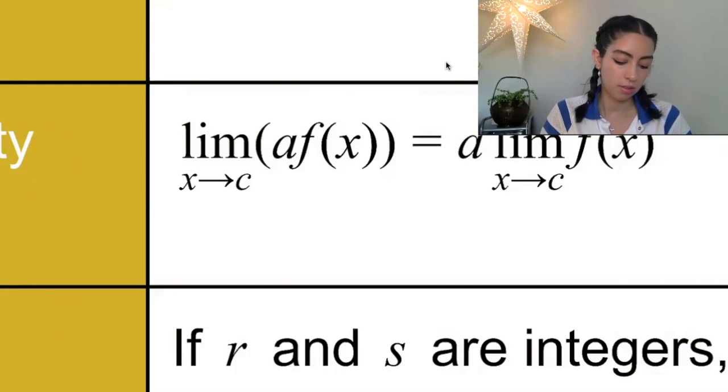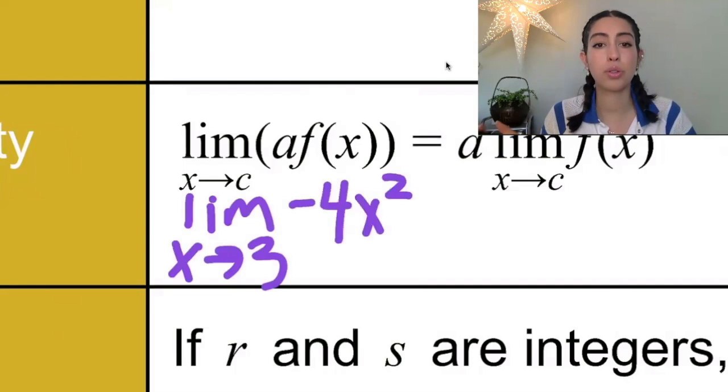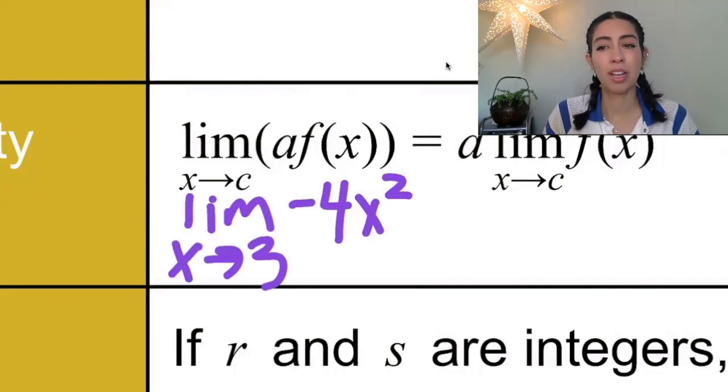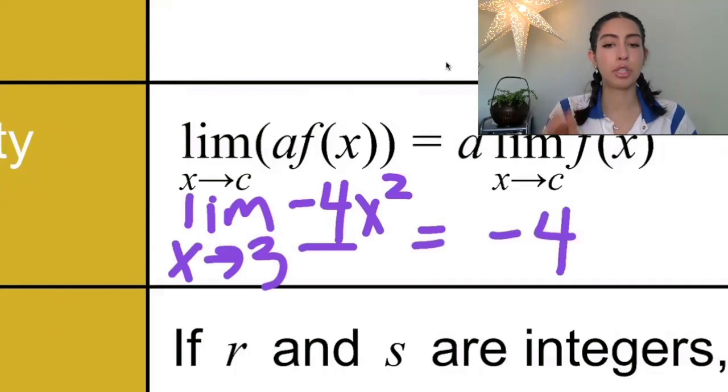So if we had something like the limit as x approaches 3 of -4x squared. I mean, this one is pretty simple, direct substitution, but the idea is this constant multiple.